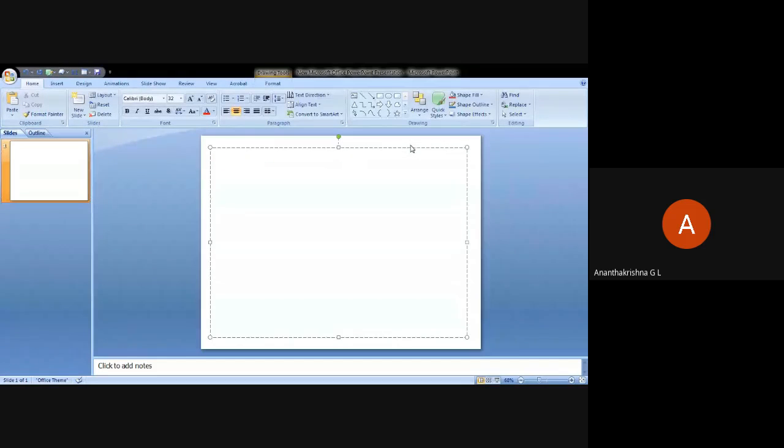Once you have noted down, please let me know. Note down the equations. Done, sir. Okay, so all of you have noted down the equations. So we'll take up a problem.